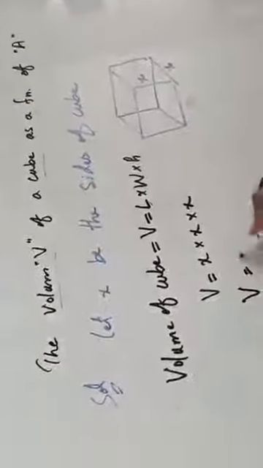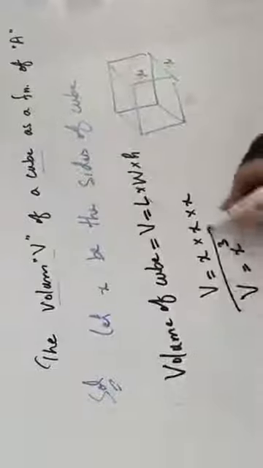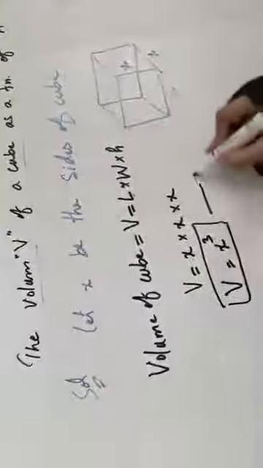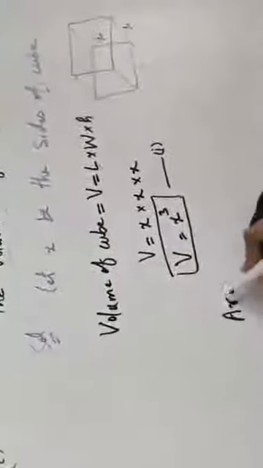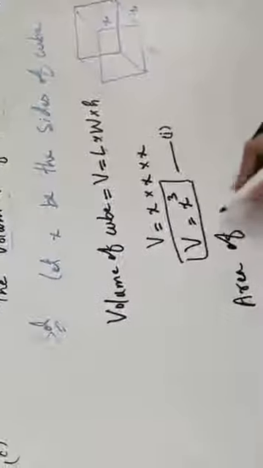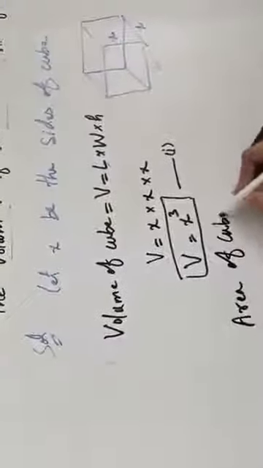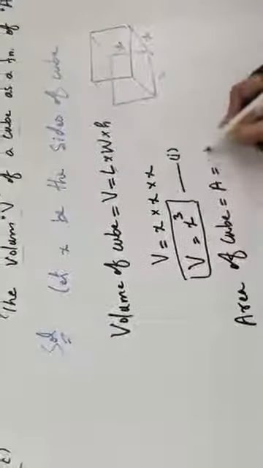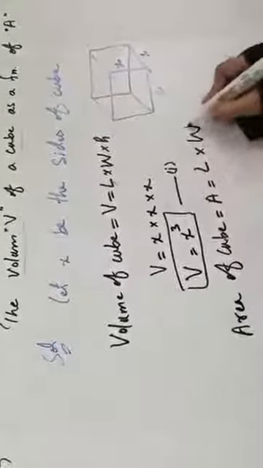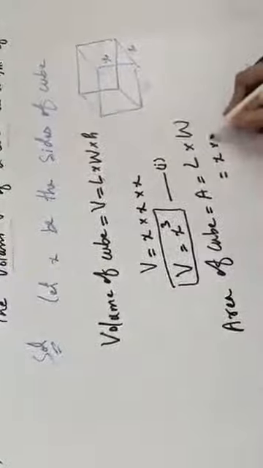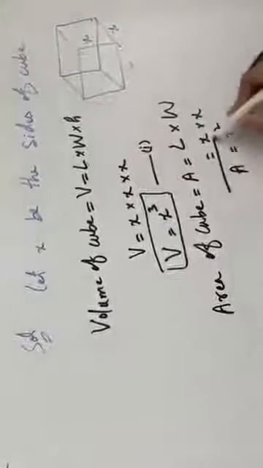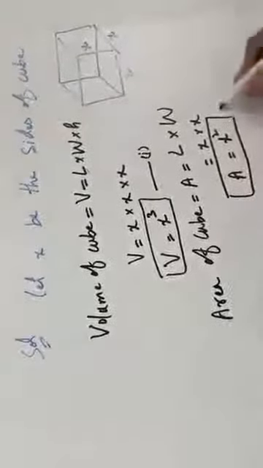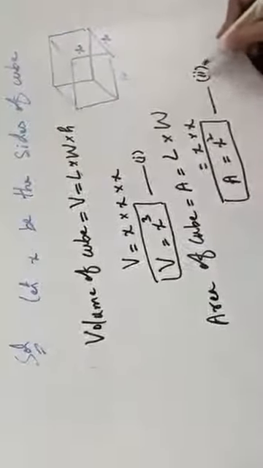Volume is equal to x cube. Give it number 1. While area of the cube A is length into width, that is x into x, x square. So area is x square. Give it number 2. And what is the requirement?